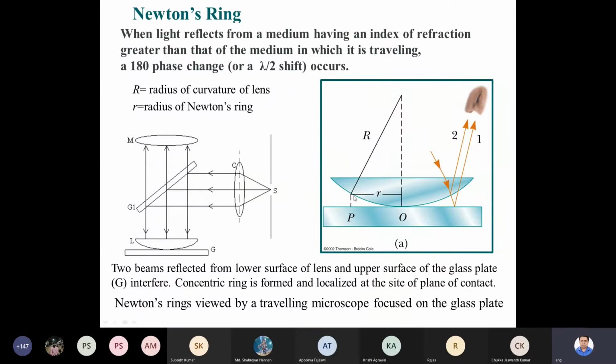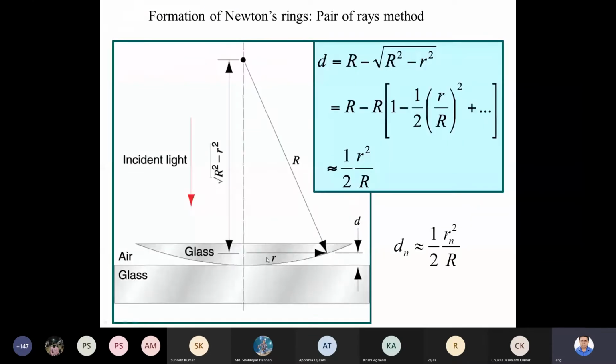We are looking at a particular point from O, is this r, and you can see here the distance between this planar convex lens and the glass plate is varying. It is 0 where it is touching the glass plate, and it is increasing if you go either side of this point. Okay, so now it will be very simple.